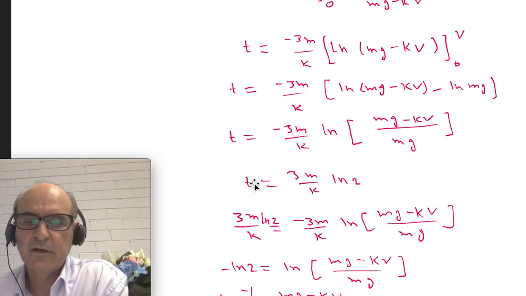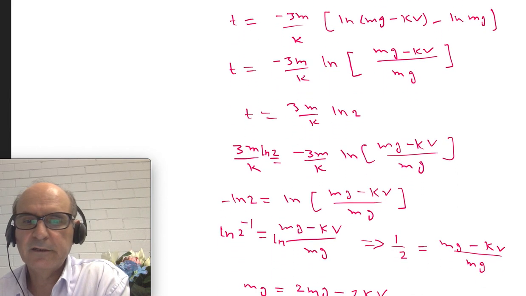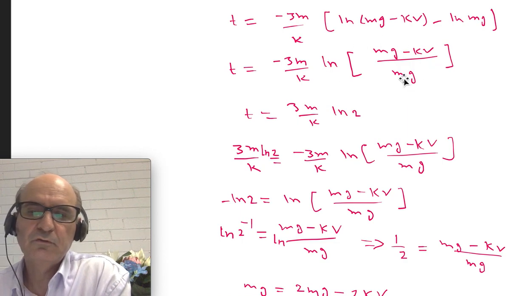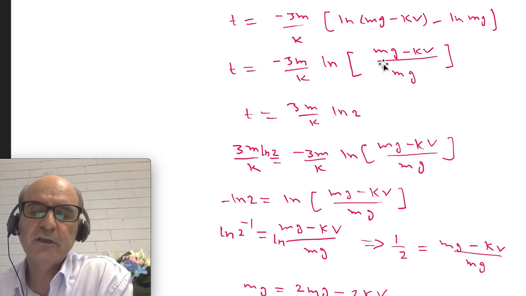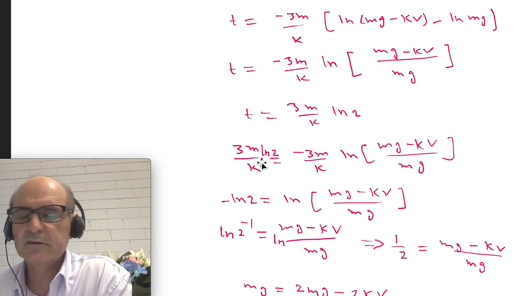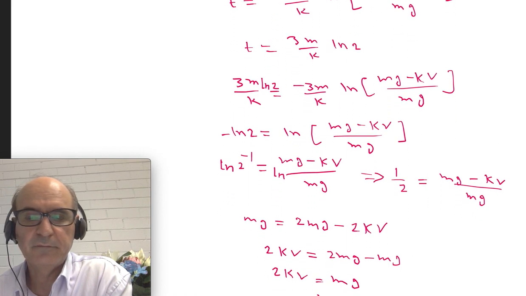So they are asking us to find the value of v when t is that much. I can replace t at this stage with that value, or you could make v the subject and then replace it, but this is a bit quicker if you replace t at this stage without actually working out a general expression for v.